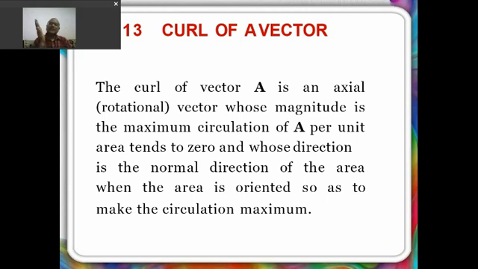So if a vector takes rotation around any path, when the enclosed area is tending to 0, the direction of the area is along the normal when the area is oriented so as to make the circulation maximum.